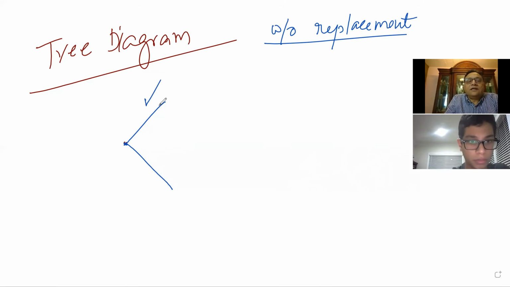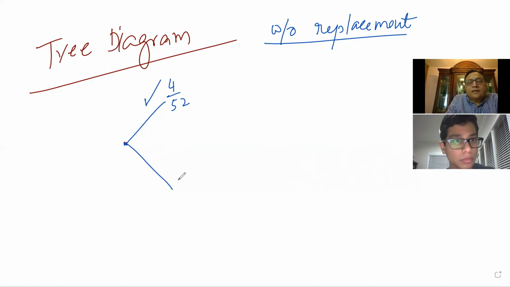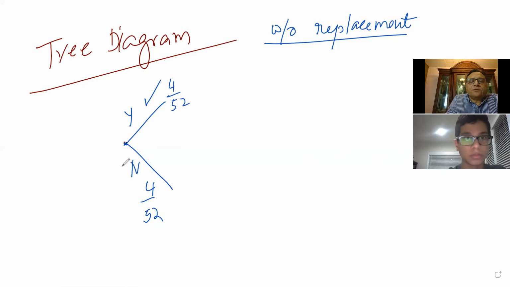You get an ace. That means the probability definitely was 4 over 52, correct? And if you did not get an ace, even then the probability was 4 over 52, correct? But here we get yes, yes, and this is no. Or let me write, let's write ace or not ace.